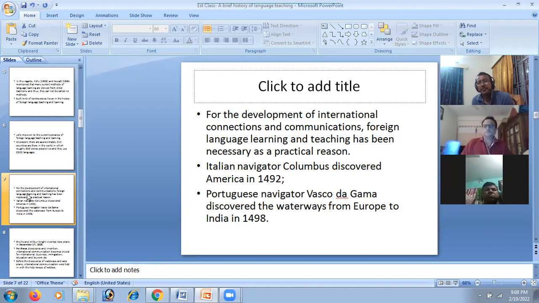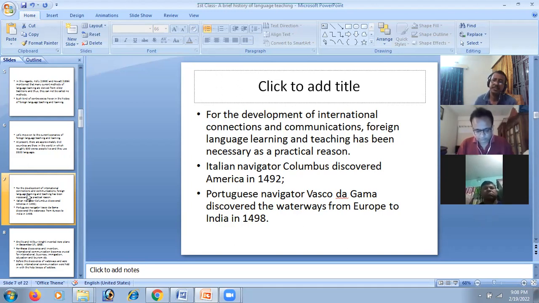The European Union Language Commission has established an article that in European countries, every student, I repeat, every student has to learn more than two languages. One language is their mother tongue, and the other language he or she chooses.